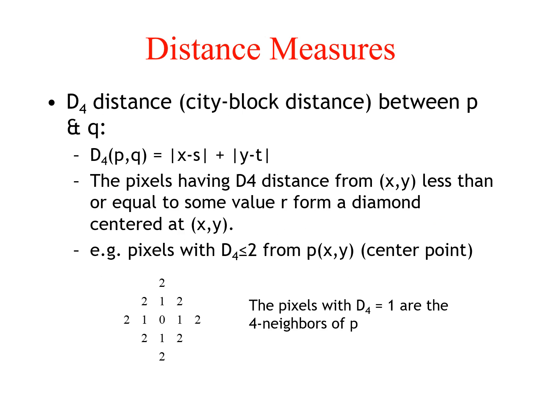Next is D4. D4 distance is city block distance. In the exam, they may ask you D4 or they may ask you city block, so you should remember the name. D4 distance between P and Q is given by D4(P,Q) = |x minus s| plus |y minus t|. The pixels having D4 distance from x, y less than or equal to some value r form a diamond centered at x, y. So whatever circle definition is there, if you apply it here, you will get a diamond.